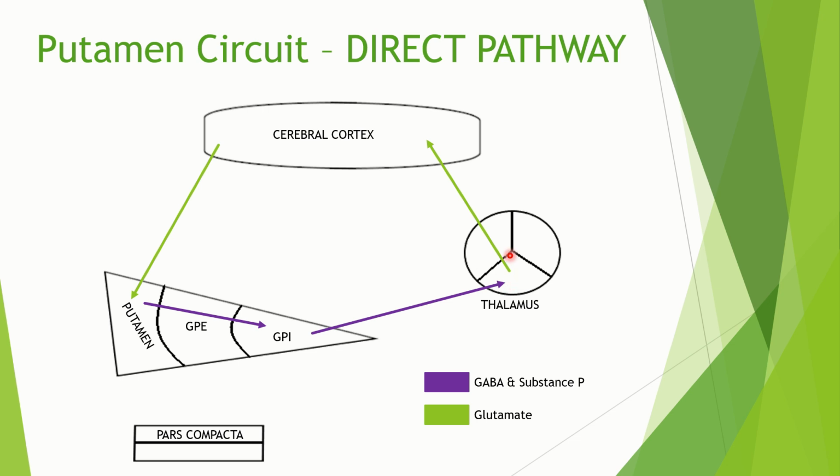If you remove the inhibitory stimulus, then what is going to happen is stimulation. So by inhibiting the pallidothalamic fibers, the thalamocortical fibers are no longer under the influence of GABA, and thus they are able to fire, releasing glutamate in the respective areas of the cerebral cortex, and thus facilitating movement.